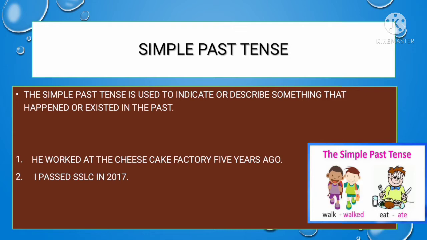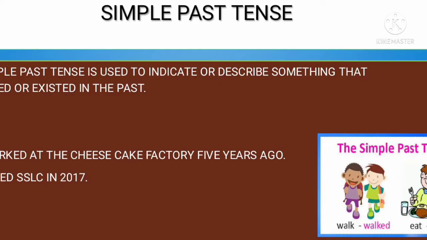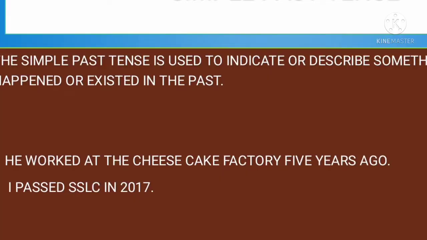Now the form of the simple past tense. That is subject plus V2. V2 means the second form of the verb or past form of the verb. In this sentence, he worked at the cheesecake factory 5 years ago, the verb is worked. What is the past tense of the verb work? V1 is work, V2 is worked.